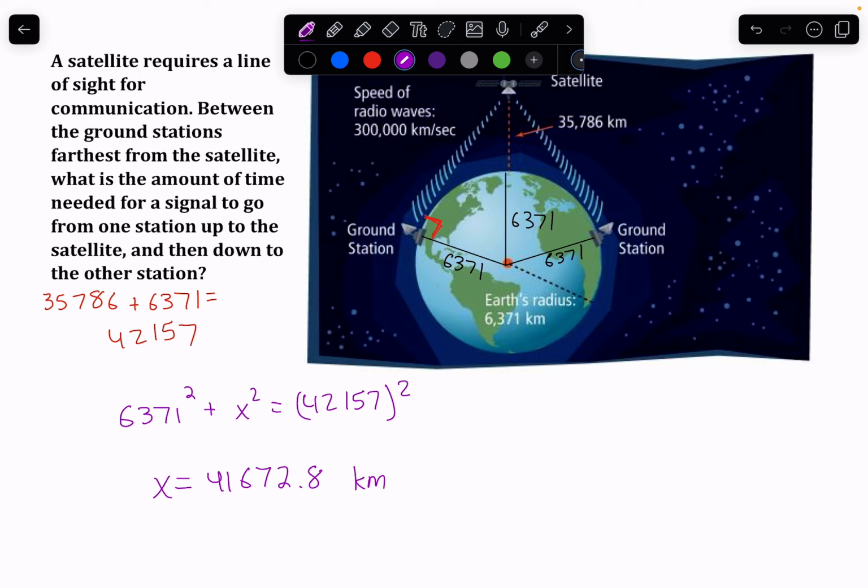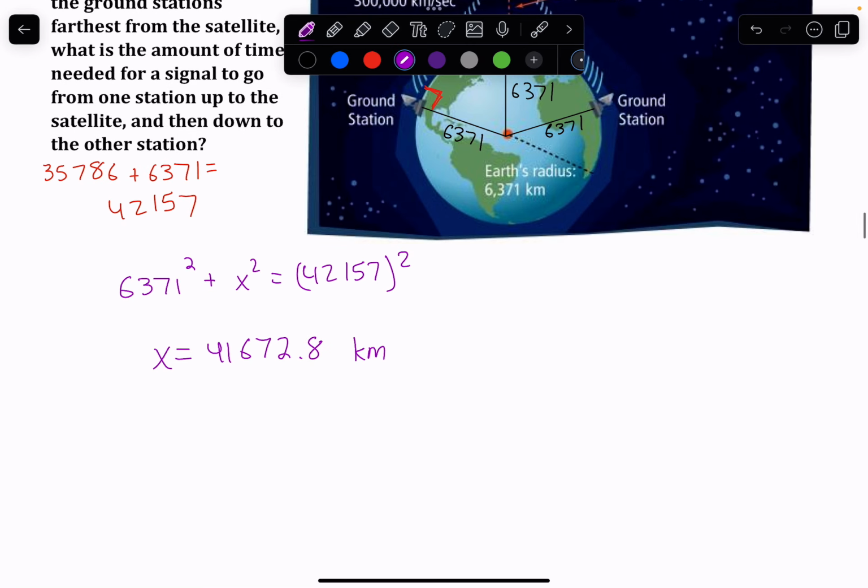That represents the distance between the ground station and the satellite, this distance right here. But we don't want the distance, we want the time it takes, okay? So we want to say, if I am taking 41,672 kilometers, I'm going to double that first because I need to send my signal up to the satellite and back down to the ground station.